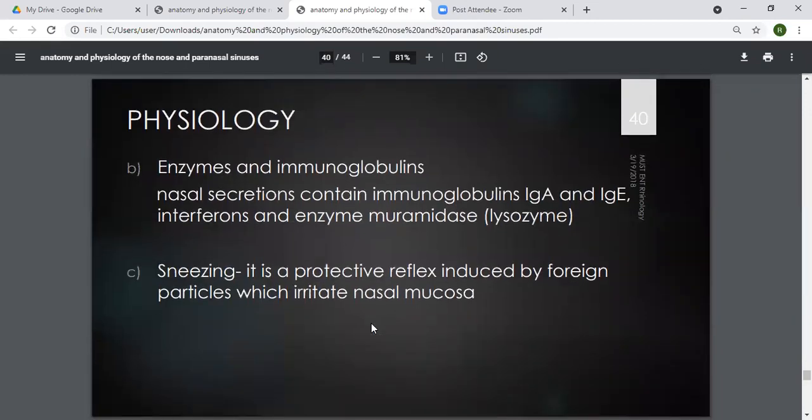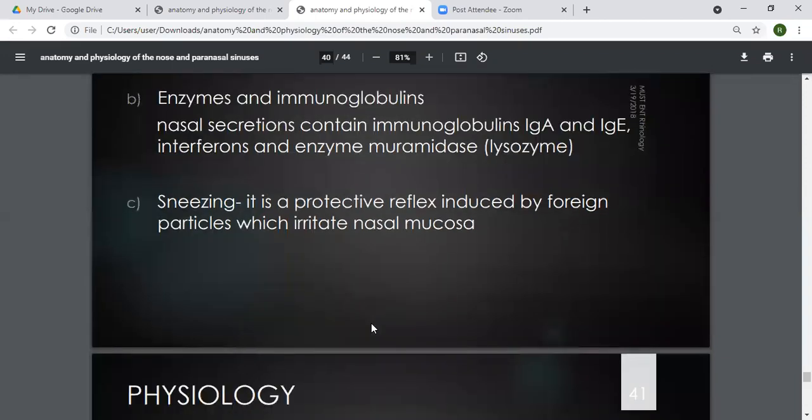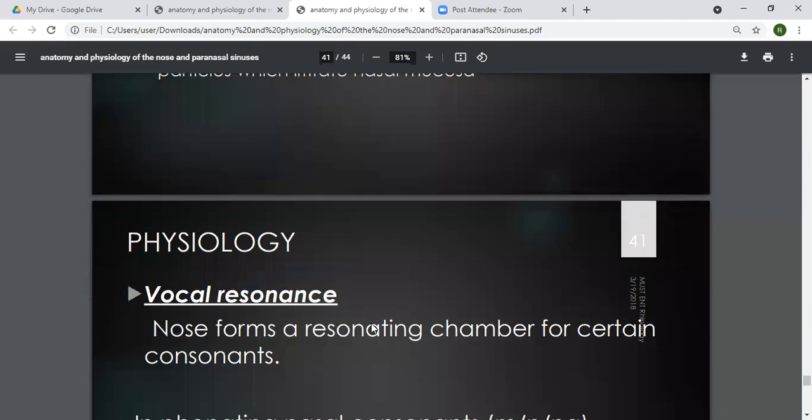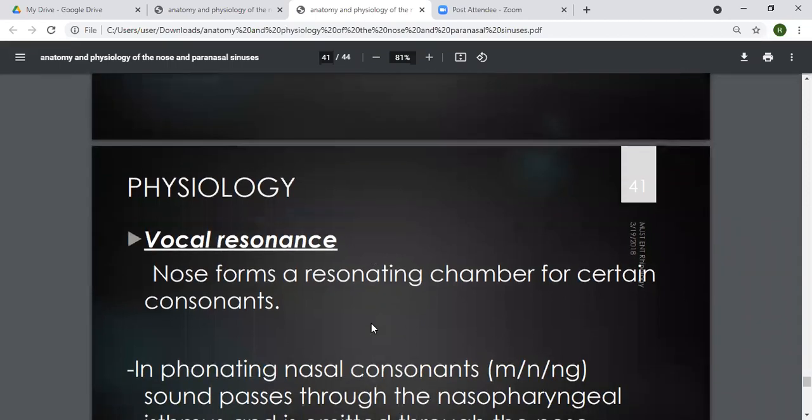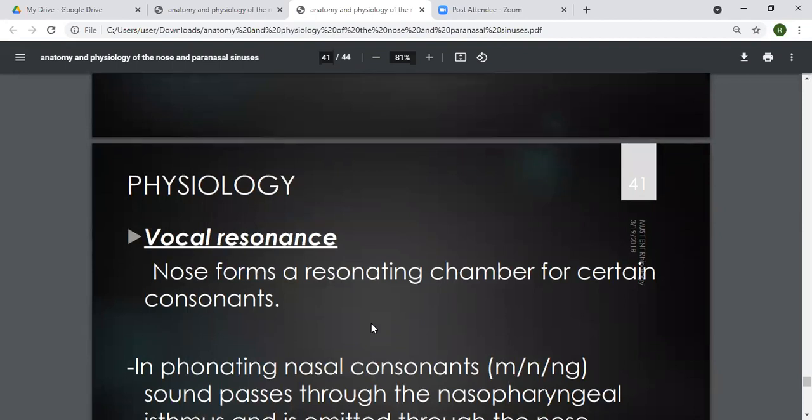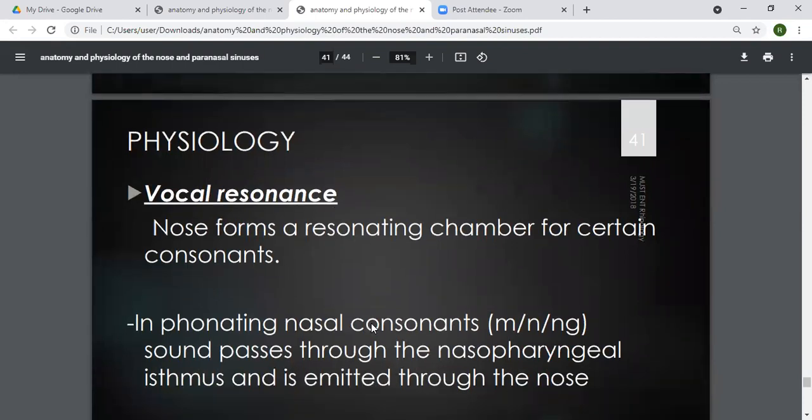The other function would be the protective reflex, which is sneezing, that is induced by foreign particles which irritate the nasal mucosa. So apart from breathing and respiration, the nasal cavity also aids with vocal resonance.